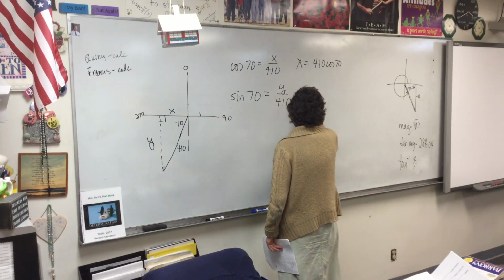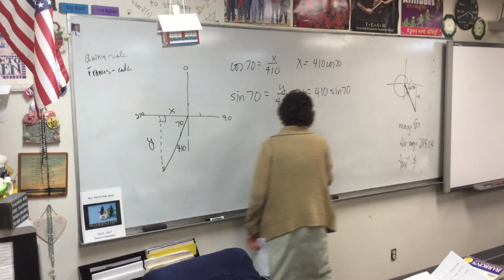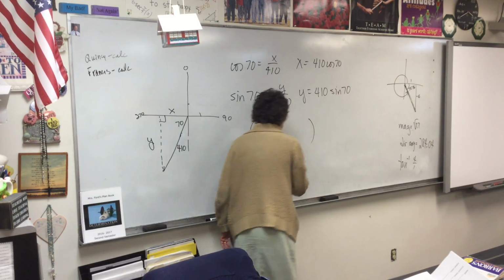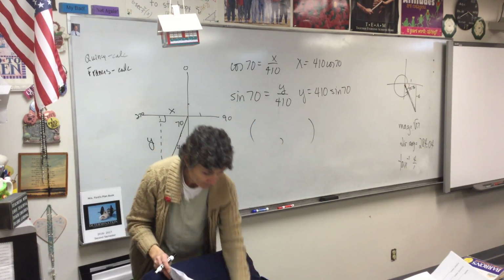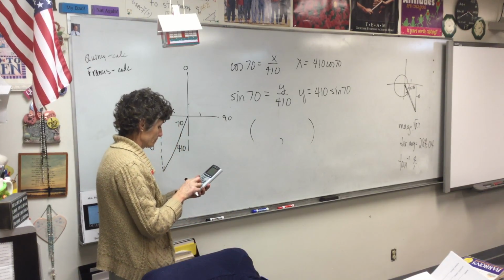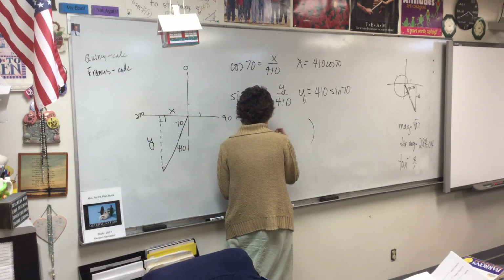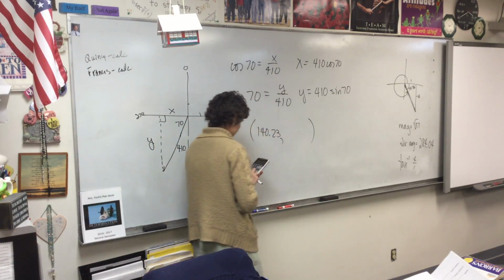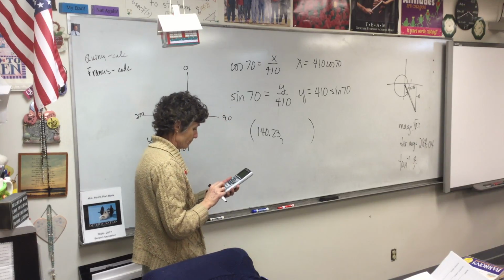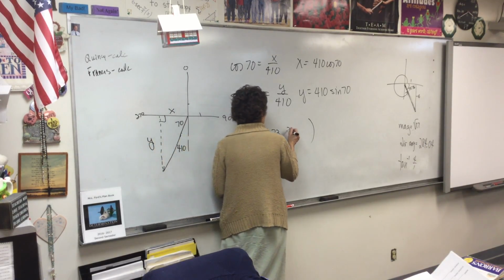And y equals 410 sine 70. So your job is to find x and y. Now you can do it. I got 140.23. And 385.27.